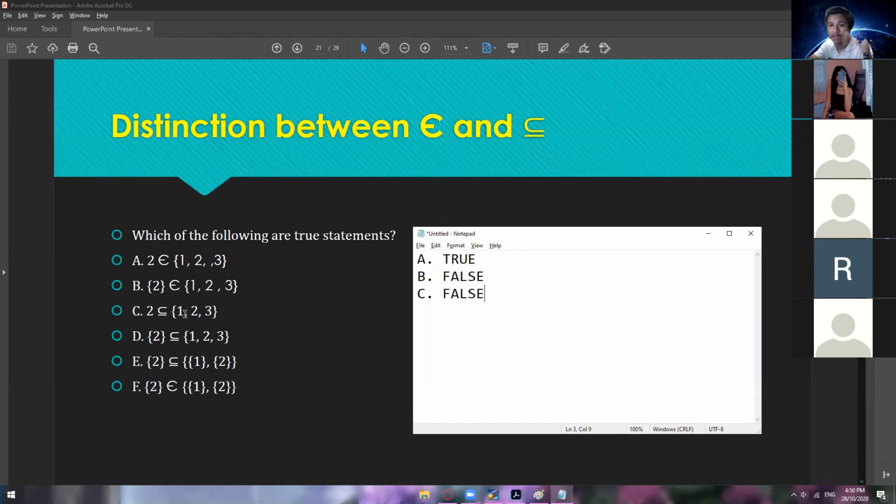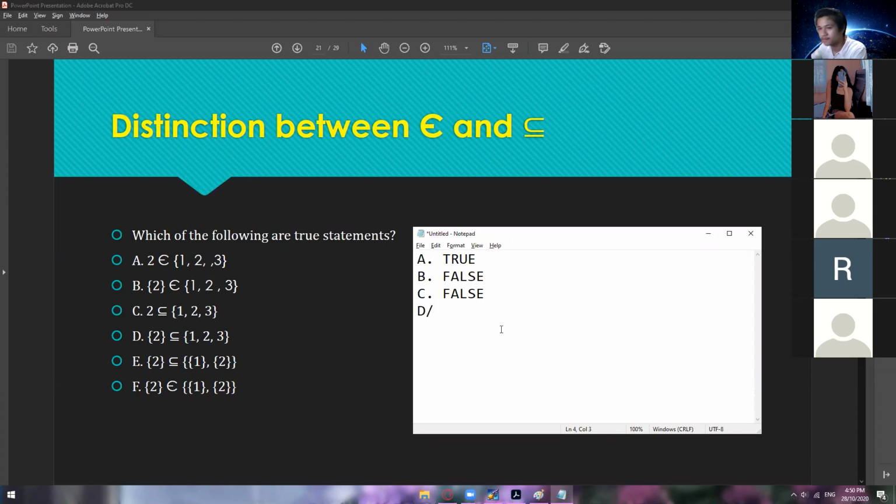So the two things you are comparing should both be sets. If one is just an element and the other is a subset or set, you cannot compare them. So here, you're saying that element 2 is a subset of 1, 2, 3, which is already false since it's not a set. It should be a set in the first place.